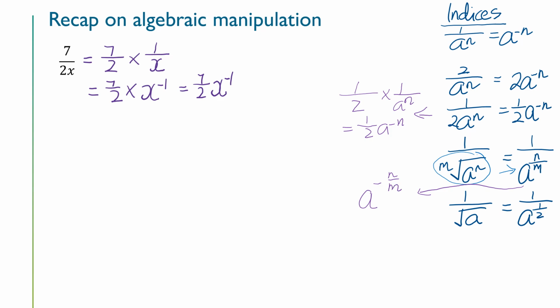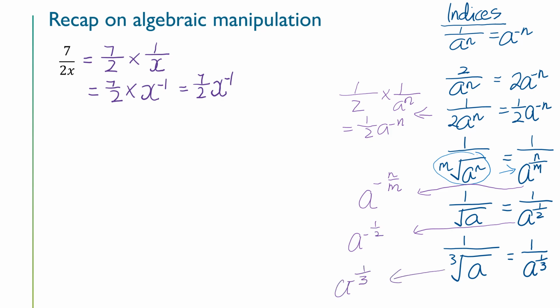Square root a is a to the power half, and this one will give you a to the power negative half. This will give you a to the power negative 1/3. So these are the rules that you have to keep in mind. It will come in very handy when you solve differentiation problems.